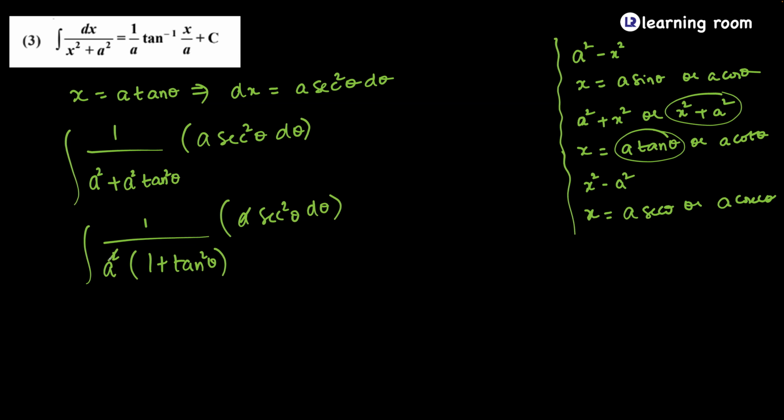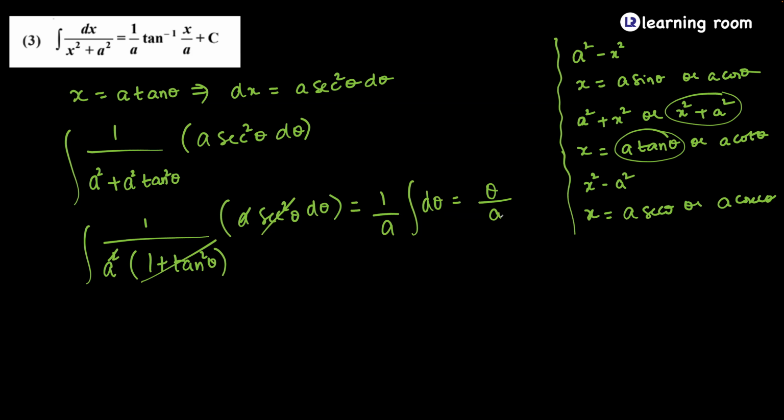So a and a square will get cancelled once. So secant square and 1 plus tan square are the same. So what is it that I'm left with? I'm left with d theta by a. So 1 by a will come out. Integral of d theta is there inside. So you are going to have theta divided by a.